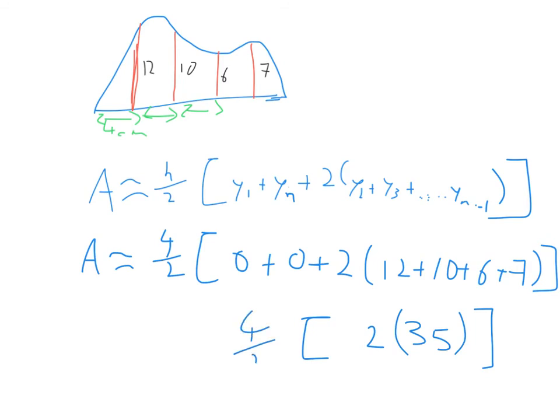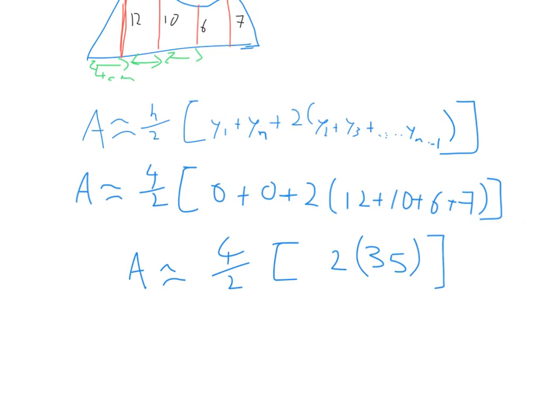And we're going to multiply that whole thing by 4 divided by 2. Again, BIDMAS says we should deal with the brackets first, so we'll deal with these brackets here. So 2 times 35, solving for the larger bracket, will give us 70. And now we can multiply by the outside term, so 4 divided by 2.